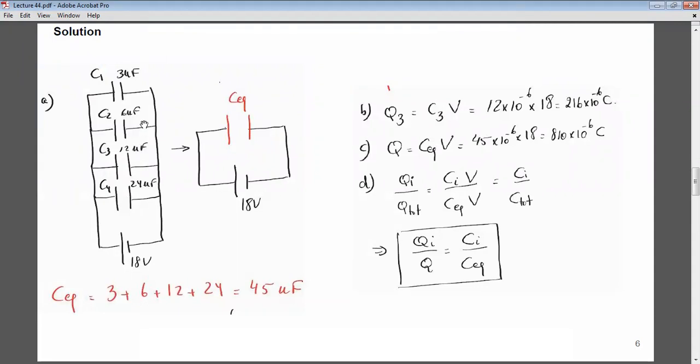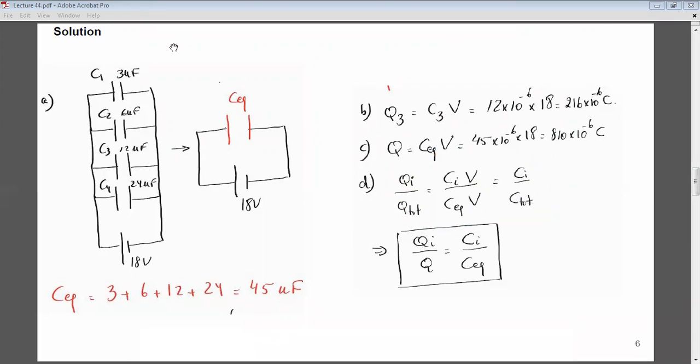So I have V1 equal V2 equal V3 equal V4. Okay, C equivalent is additive. And in order to get the Q, I have to use this formula when they are in parallel. So Qi over Q total, it's not Qi equal Q total. That's in series. In parallel, Qi over Q total is equal to Ci over C equivalent.